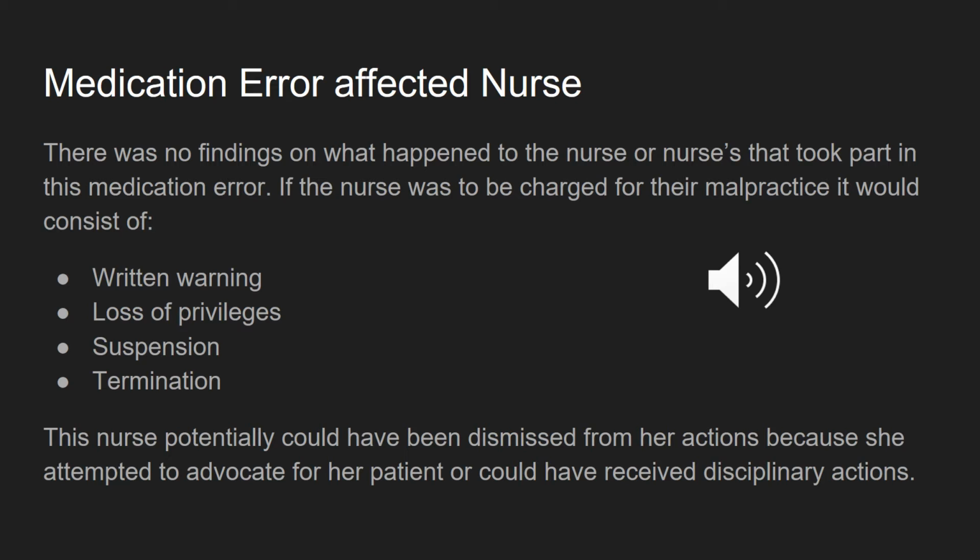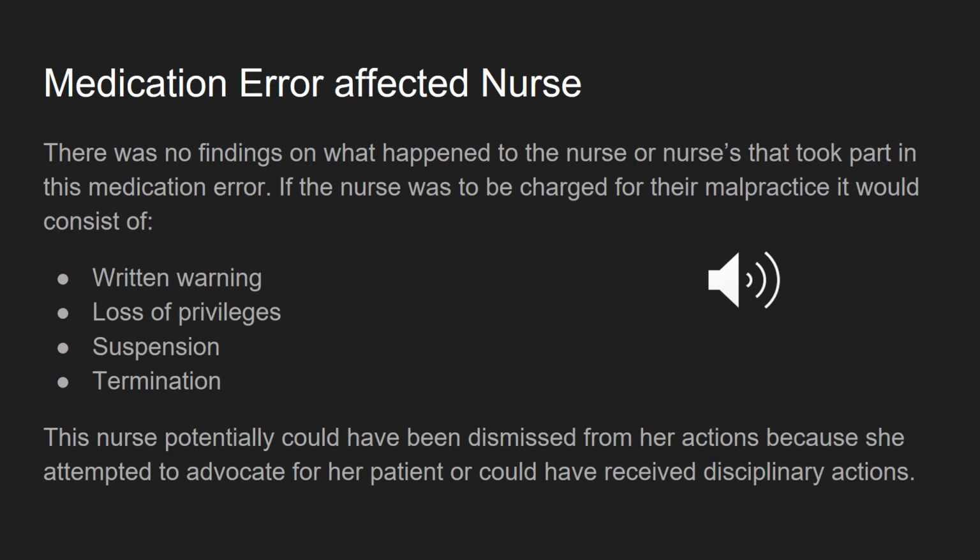In this article, it didn't state how the nurse was affected or charged with anything, but if there were charges of malpractice or patient neglect, it would consist of a written warning, like being written up, loss of privileges, maybe not being able to give medications, suspension, maybe a couple days suspension, not being able to come back to work, or even termination, being fired.